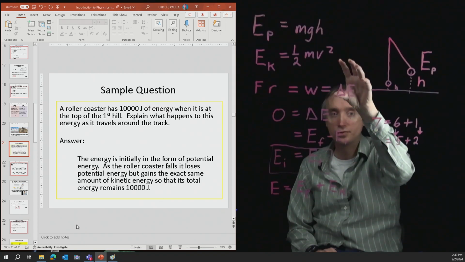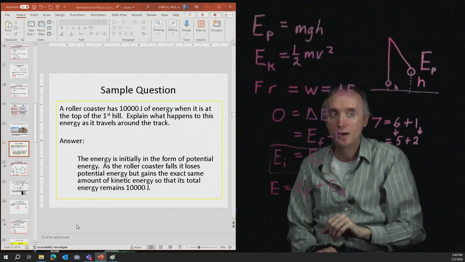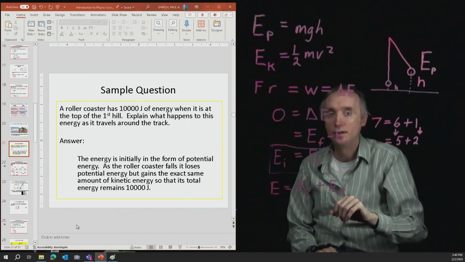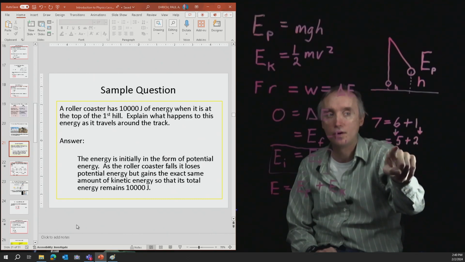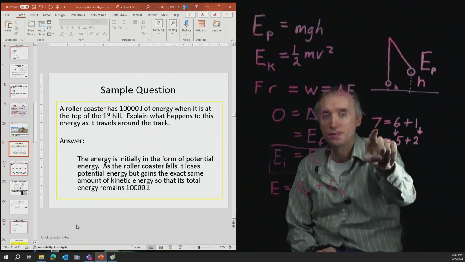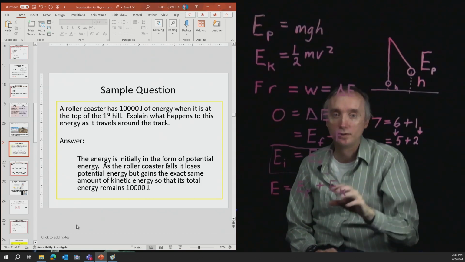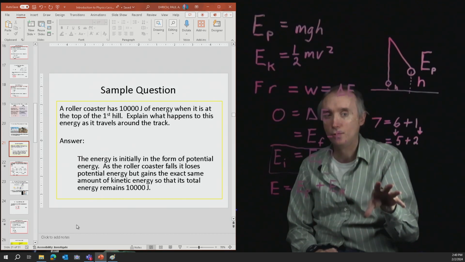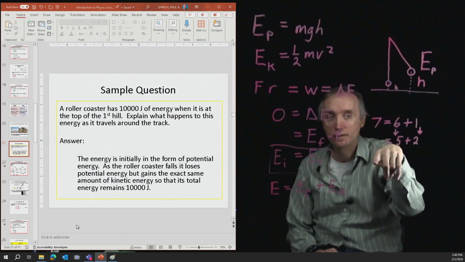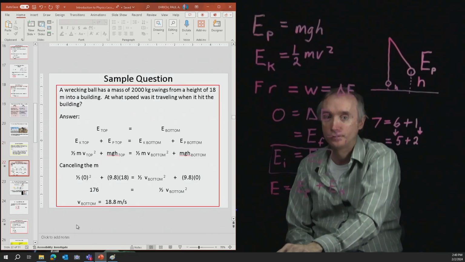As the roller coaster falls, it's losing potential energy, but it's gaining kinetic energy. And when you add the two numbers together, it always has to add up to the same number. So therefore, the total energy is going to remain at 10,000 joules anywhere on the track. Now, again, that's assuming that there's no friction going on.